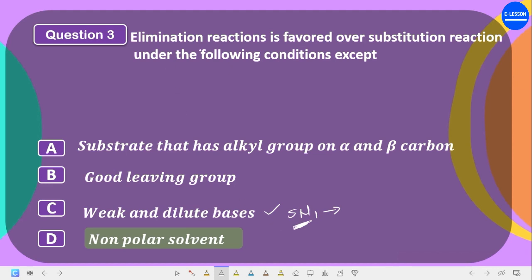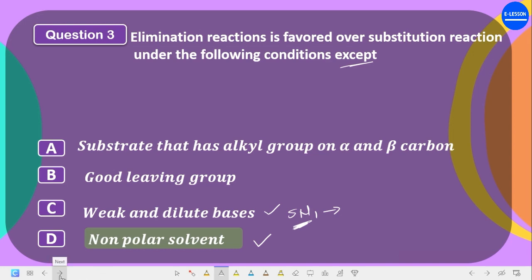When we are talking about elimination and substitution, the correct answer is non-polar solvent. Substitution is favored over elimination in a non-polar solvent, so when they say except here, the correct answer is non-polar solvent.